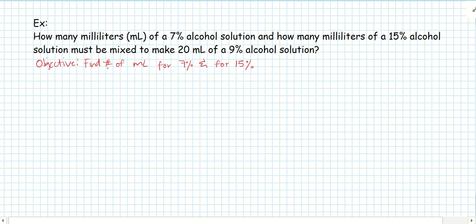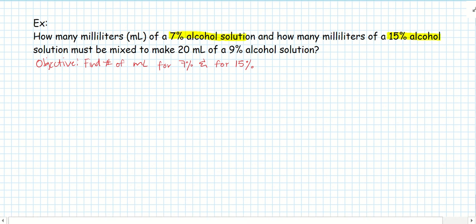Cool. Now, notice how we're not really explaining one solution related to the other one, right? We're just saying that there's a 7% alcohol solution and there is a 15% alcohol solution.